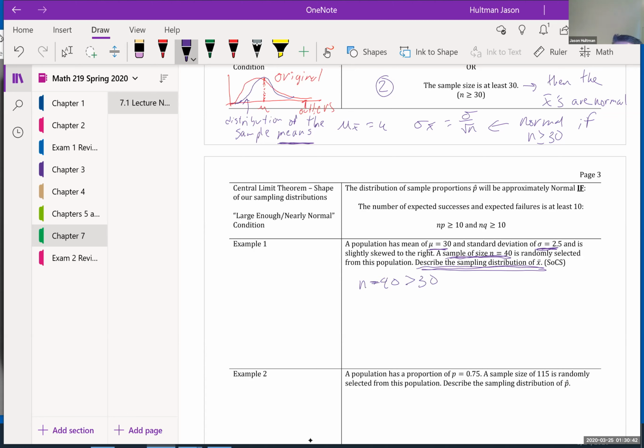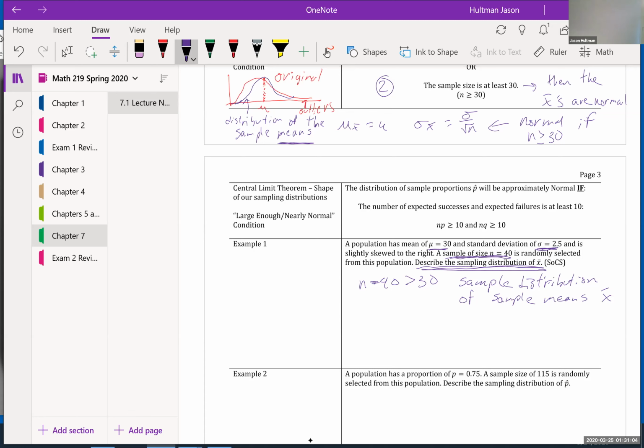So that means that the sampling distribution of the sample means, the x bars, all the x bars.